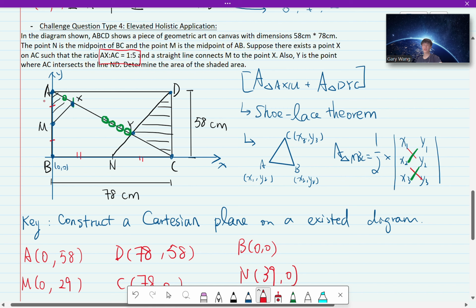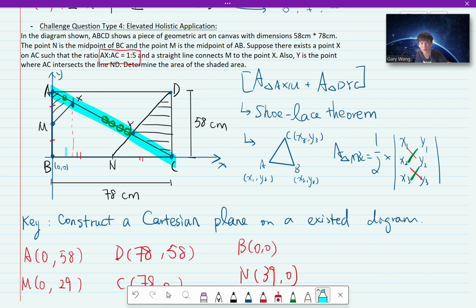So if we draw a diagram for something like this, let me highlight the part that I want you to examine, which is this part, this part, this part, and this part. What does this shape remind you of? What does this shape resemble in mathematics? We can actually think about this as a similar triangle model, isn't it?